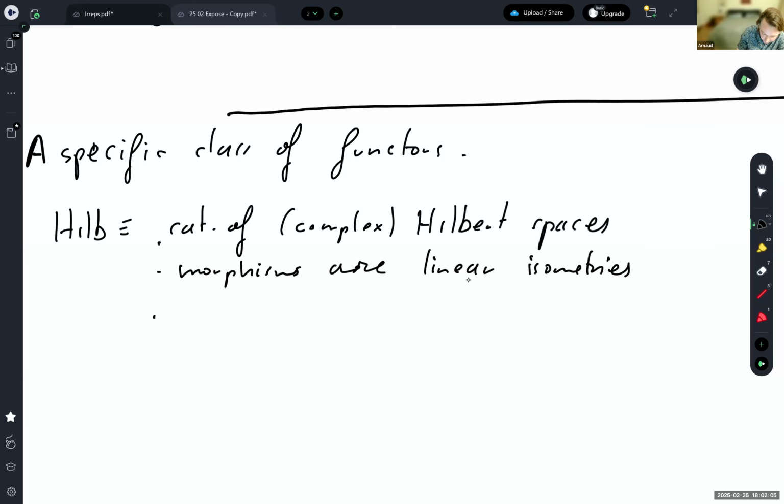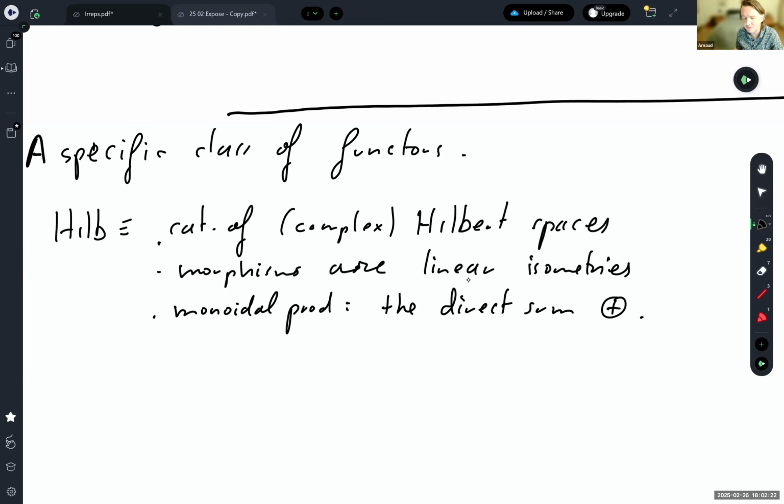And moreover, I'm going to put a monoidal product, and it's actually going to be the direct sum. It's a bit weird to do that. You will say, oh, you don't take the usual tensor product. No, I don't. I'm doing a different construction.